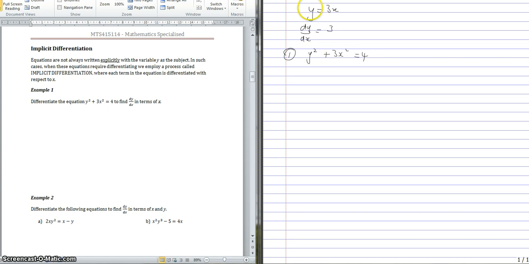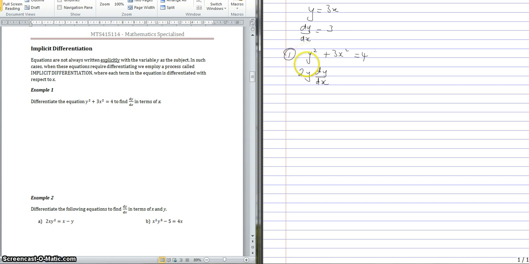Now the derivative of y is dy dx. But we also have the fact that it's squared, so we need to go 2 times y when we differentiate the outside part, and multiply that by the inside part, which is y, becomes dy dx.